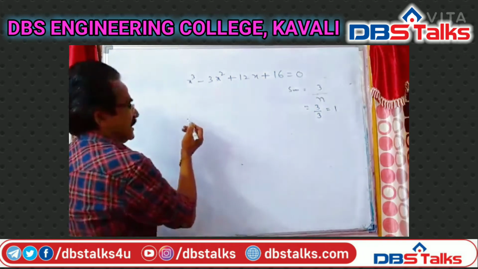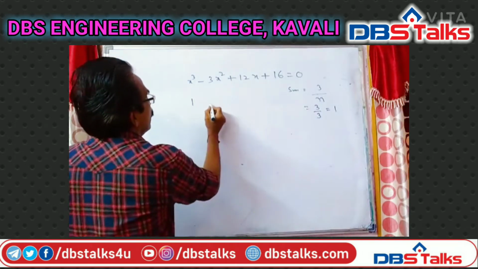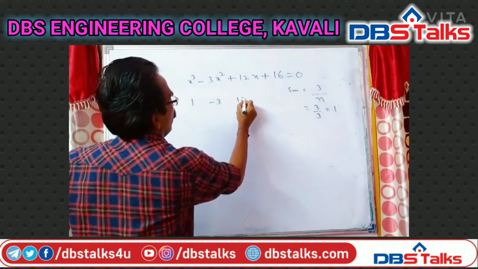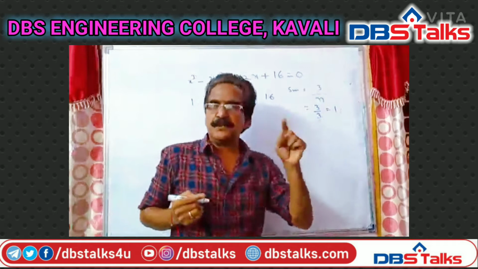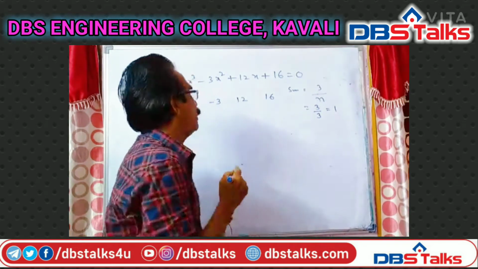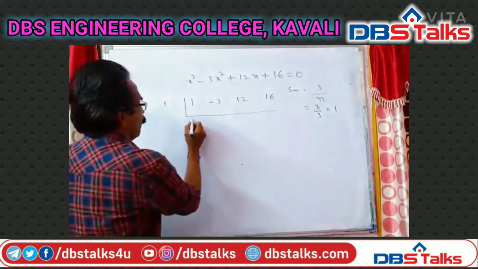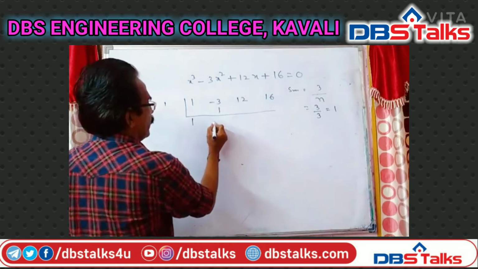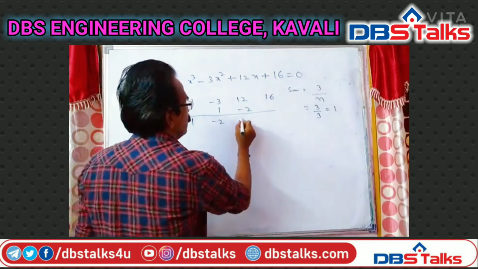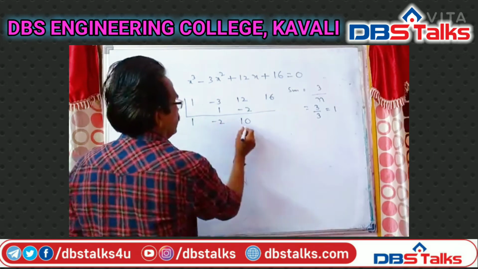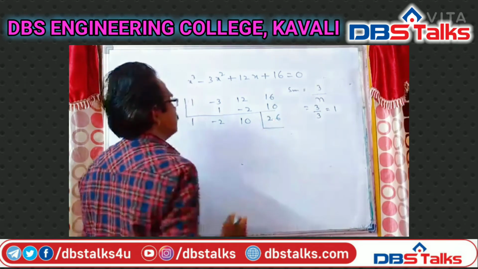Okay friends, now let us diminish each root by 1. Coefficients 1, minus 3, 12, 16. So if each root is to be diminished by 1, then we have to do synthetic division with 1. 1 into 1, 1; minus 2; 1 into minus 2, minus 2; plus 10; 1 into 10, 10; 26.